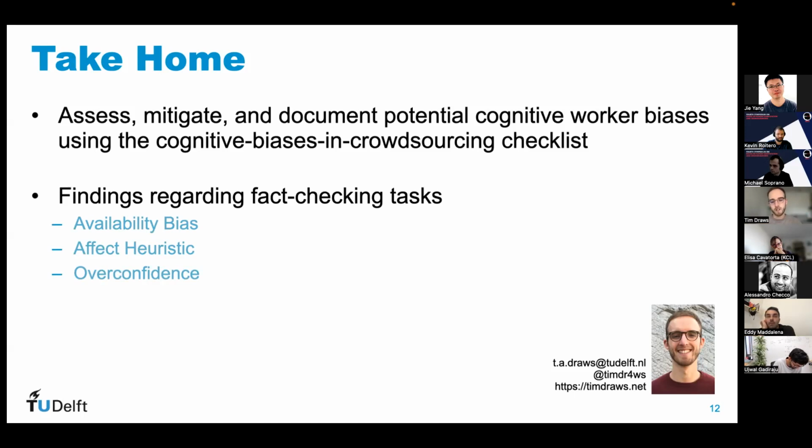It also doesn't mean that no other biases can occur. But I think what it shows is that by going through the checklist, real influential cognitive biases can be identified, and this information can then later be used to mitigate them, or as I said, at least document them, and hopefully create some higher quality data sets.